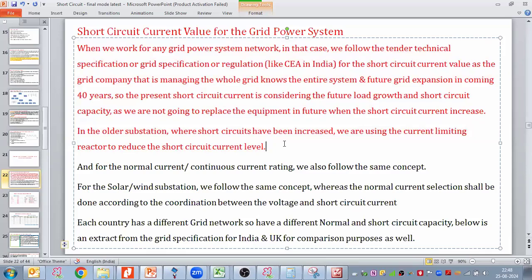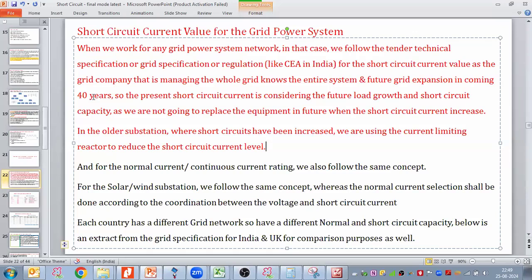Second statement: this is about the short circuit current, but what about the normal continuous current? Do we calculate it, or which document do we refer to for the normal continuous current? Same concept, as we have discussed. Again, because we are not going to replace the equipment after 10, 20, or 30 years down the line when the short circuit current and normal current keep increasing, we have to take care of what the current would be after 35 or 45 years.